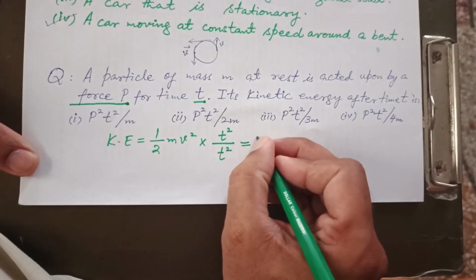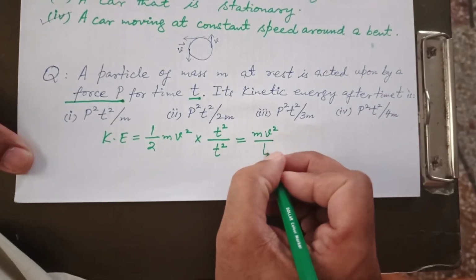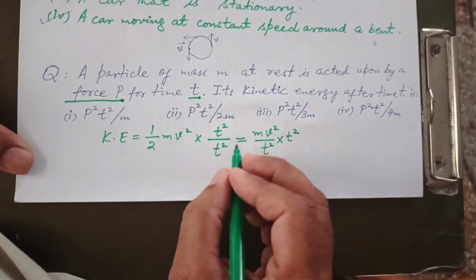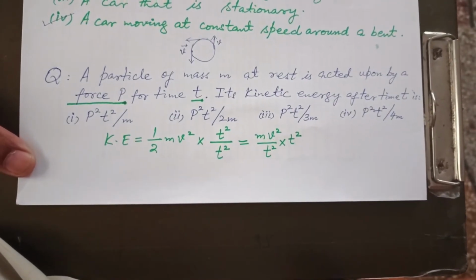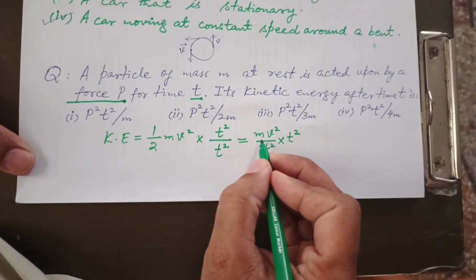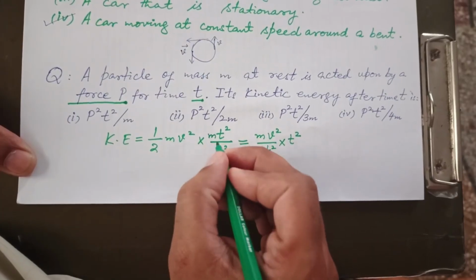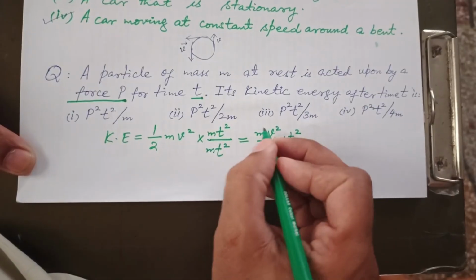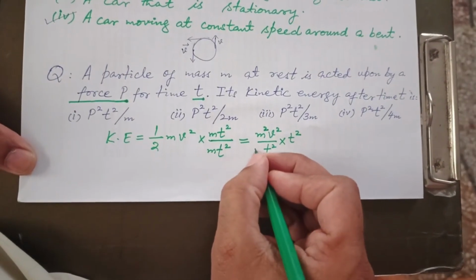This will become m v square over t square into t square. Now you can see that the above term gives acceleration, but one m is missing. So as I told you, we have to multiply and divide it by m also. We'll get m square over here, and m over here.